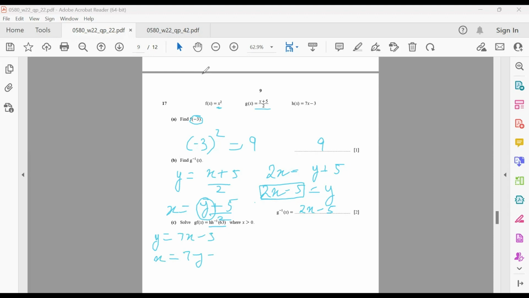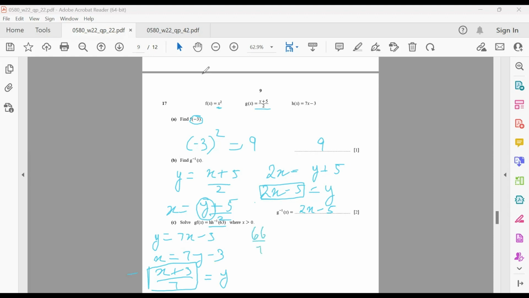Switch the positions, x is equal to 7y minus 3. (x plus 3) by 7 is equal to y. So we know that h inverse is equal to (x plus 3) upon 7.